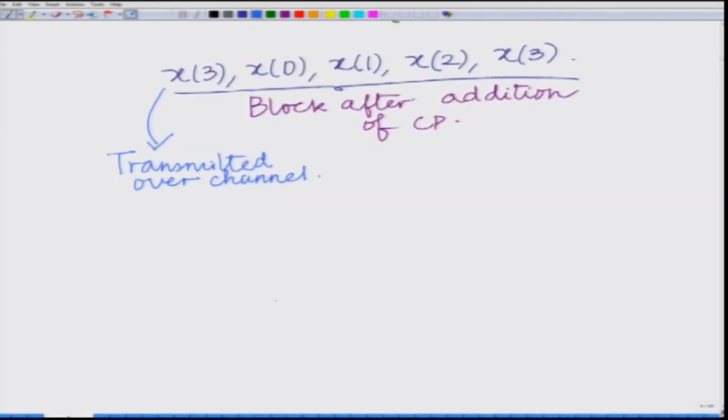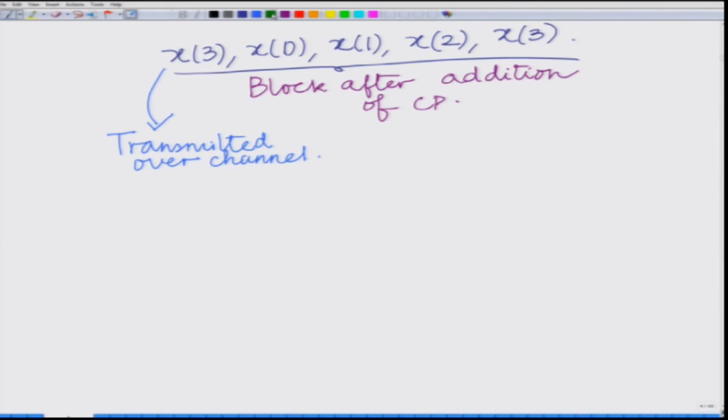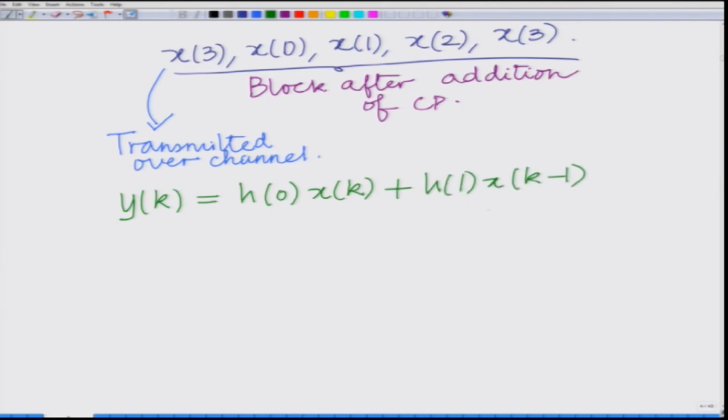And remember, our channel is basically the intersymbol interference channel, where yk equals h0 times xk plus h1 times xk minus 1 plus vk. This is our channel.